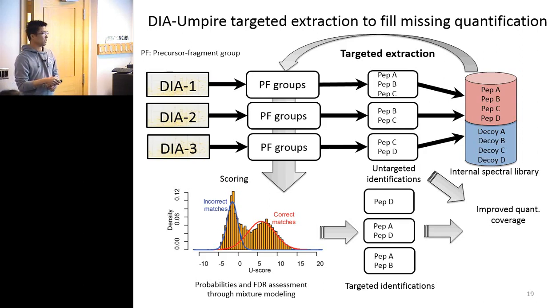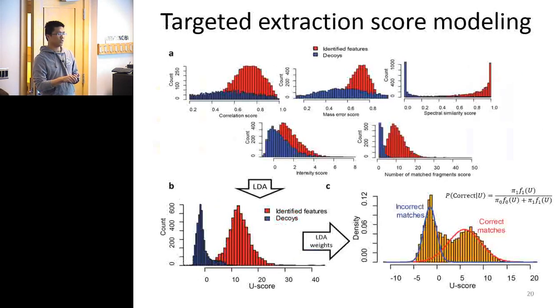So when we search using this one spectrum against this one pseudo mass spectrum, we can calculate different scores. You can see here the scores for the identified features and also the decoys. They have different distributions. So at this point we use LDA, linear discriminant analysis, to learn the weights between the different scores and get this whole score distribution.